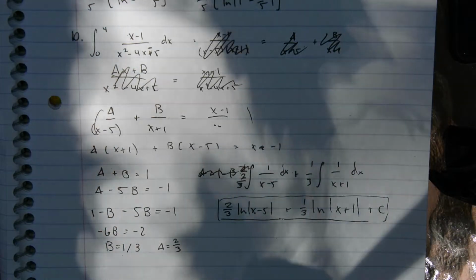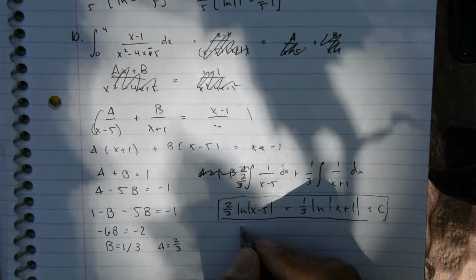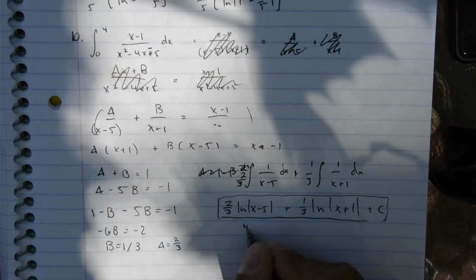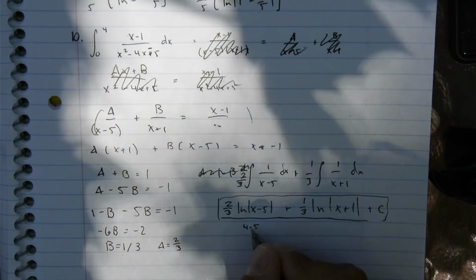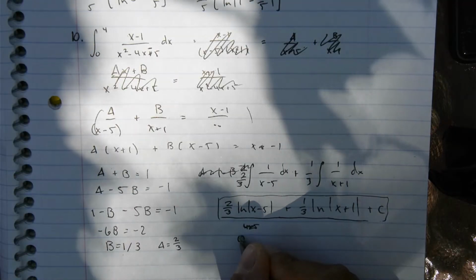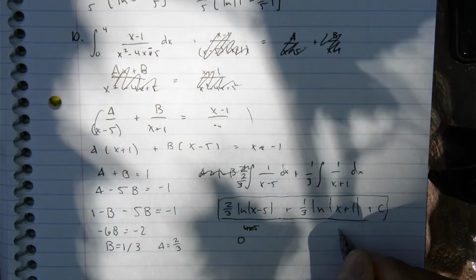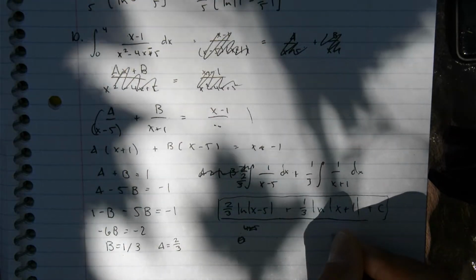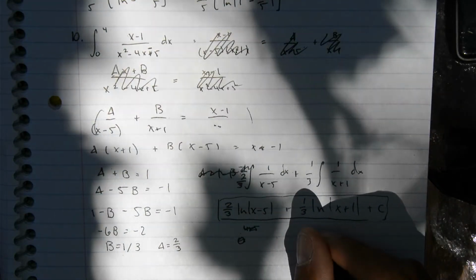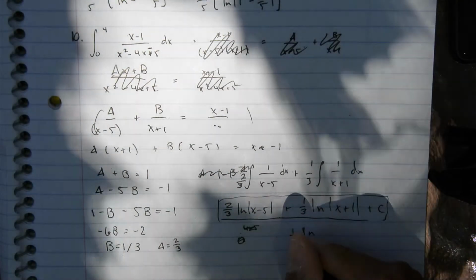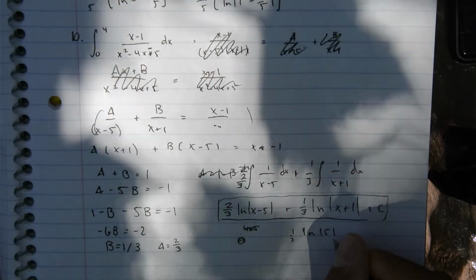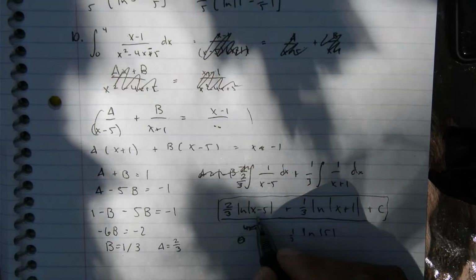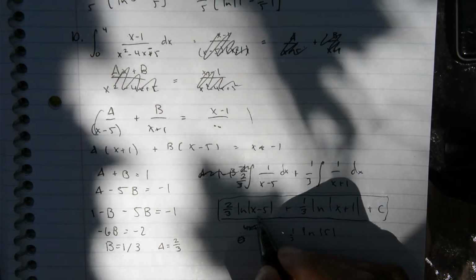Okay, and then you evaluate this, you get 4 minus 5 is minus 1. So ln, this becomes 0. And then this one, oh, wait. This is 0. This becomes 1/3 ln of 5. And then this is 0. Wait.